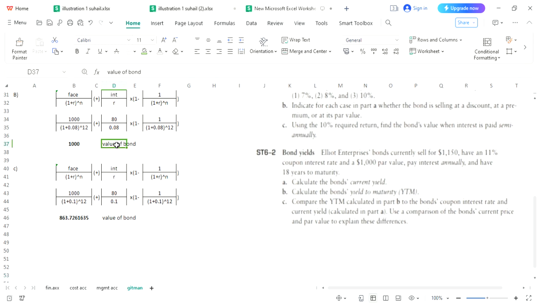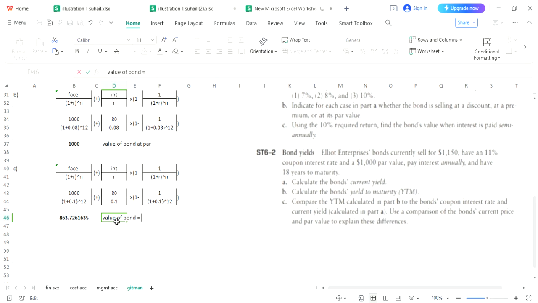Value of this bond is what? This would be called at par. Why? Because face value was 1000 and the value of the bond we have calculated is 1000. In the third case, face value was 1000, but the value which you have calculated is 863.